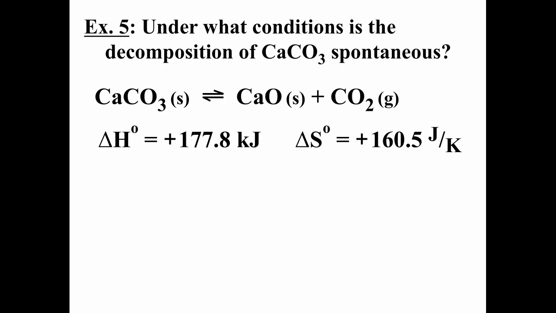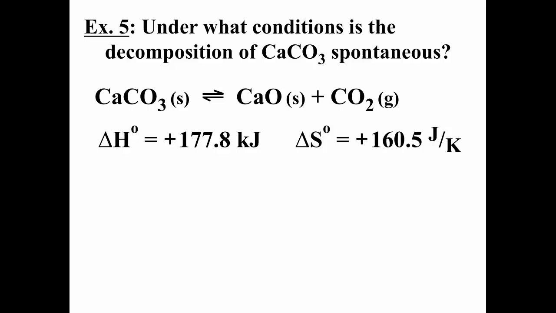Let's take a look at an example we worked on in class, the decomposition of calcium carbonate. The delta H value and the delta S value were given, and we calculated the delta G value for this reaction at two different temperatures. At 25 degrees Celsius, the delta G was positive 129.9 kilojoules, so the reaction was not spontaneous at that temperature.